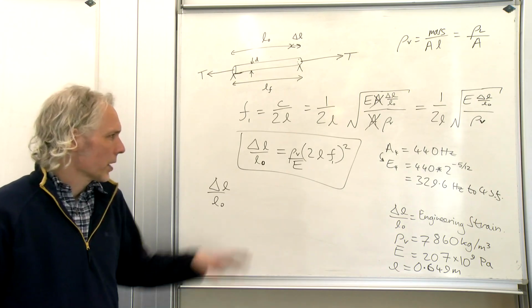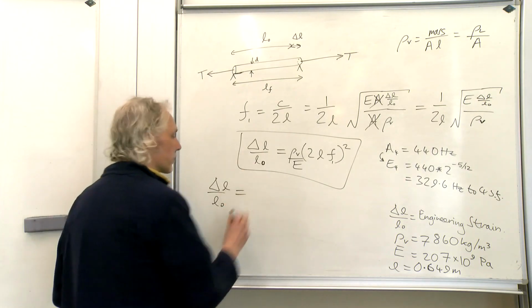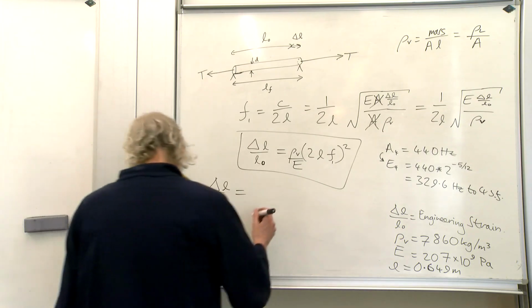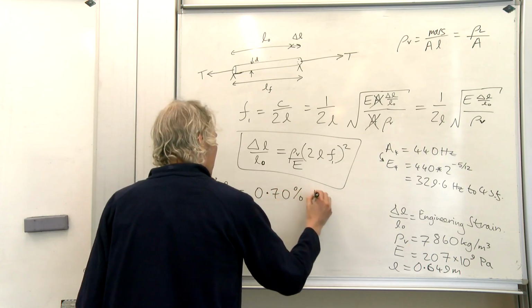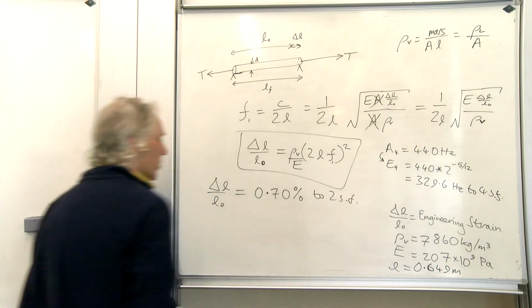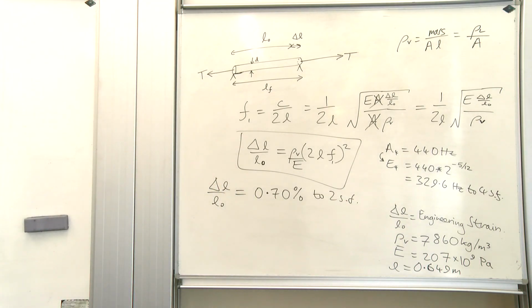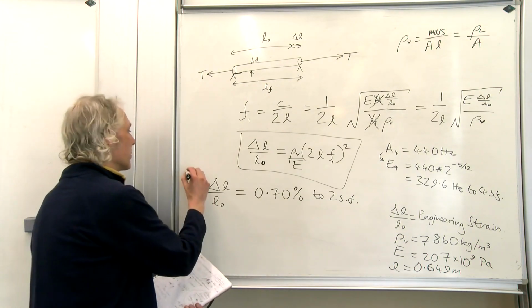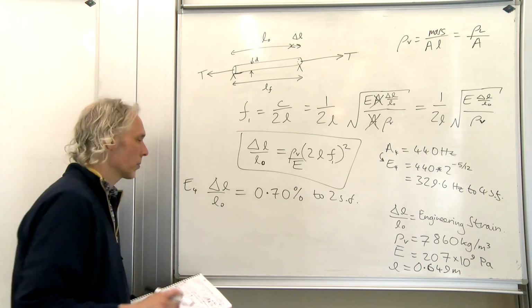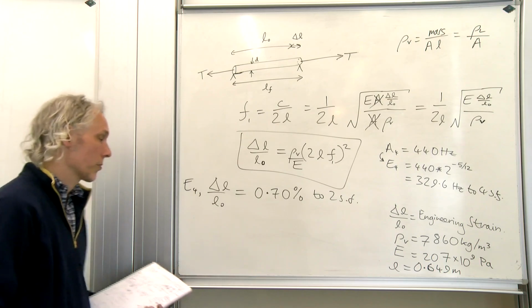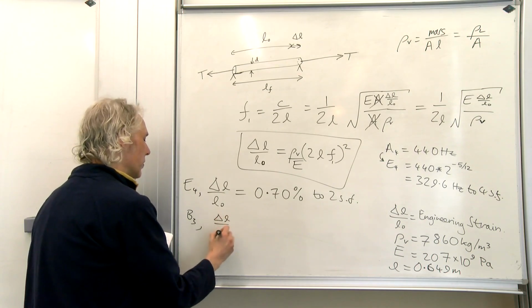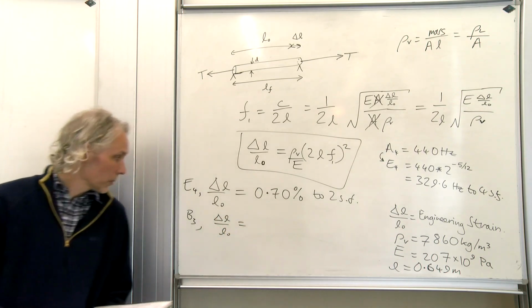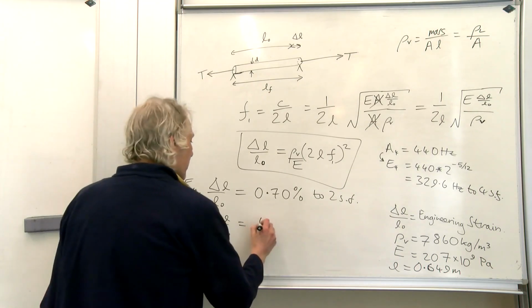Okay, so putting these numbers into the equation, we can do that. That's approximately 0.70% to two significant figures, so it's 0.0070 approximately. So this is high E. What about the other strings? If we go to the B3 string, this delta L over L naught, we could work out what that is.